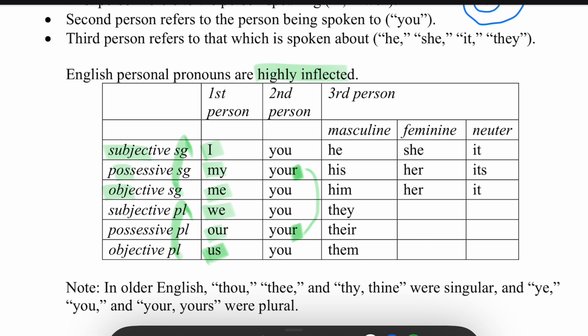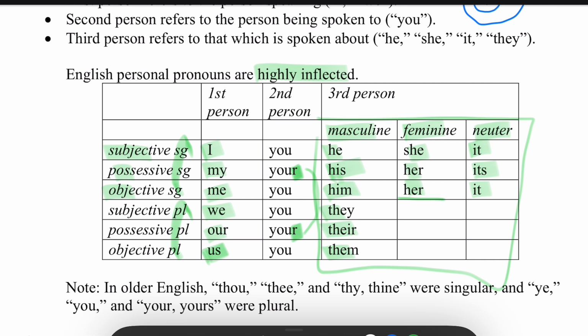And then the third person pronoun in English is considerably inflected. We also have inflection based on gender for third person, masculine, feminine, or neuter: he, she, it, his, her, its, him, her, it, and then they, their, them.